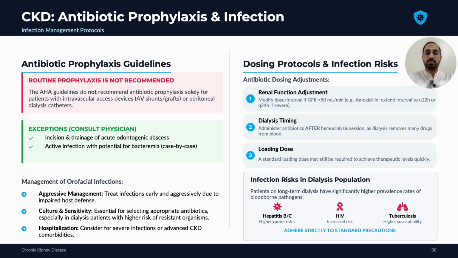However, remember that dialysis patients carry a higher risk for blood-borne pathogens due to blood transfusions, so they are prone to infections like hepatitis B, C, and HIV. Therefore, we need to follow good standard protocols for infection control.